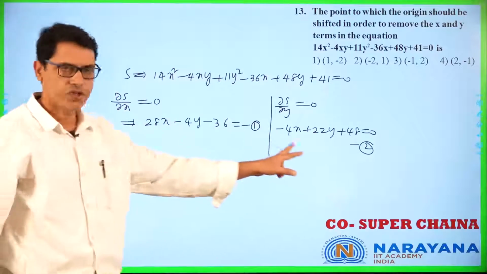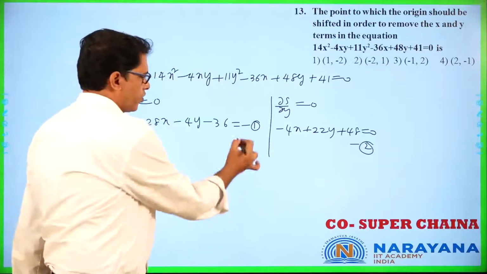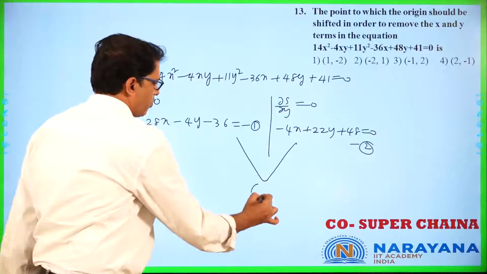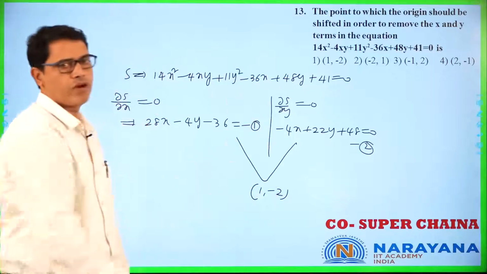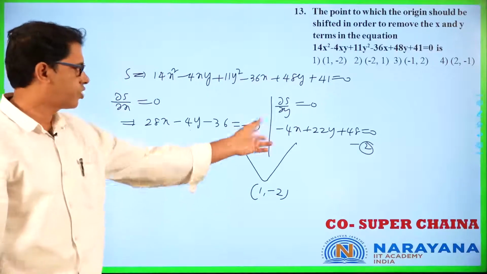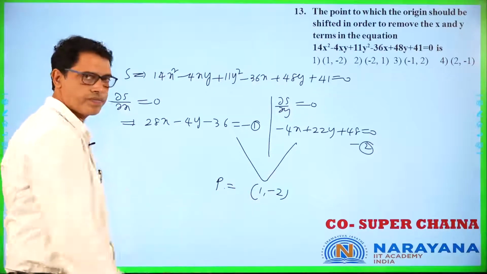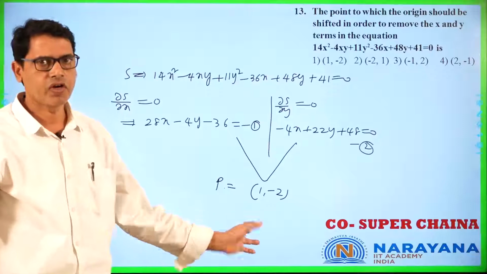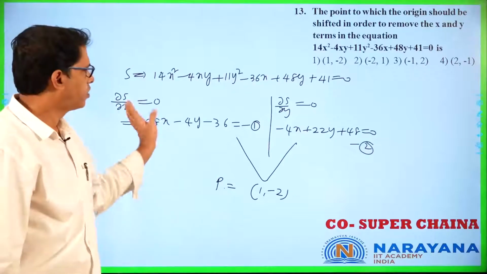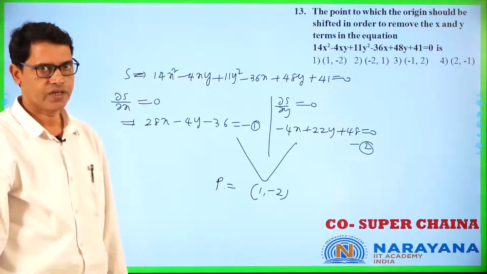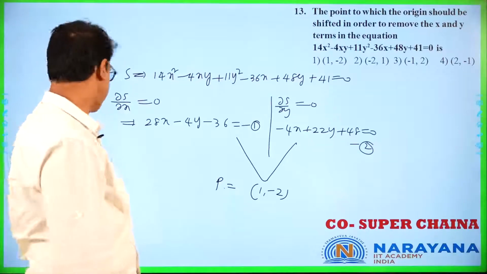If you solve these two equations, the point of intersection is 1 comma minus 2. By solving these two equations, we get the point of intersection. This is another method. If you are aware of partial differentiation, then do it in this method. Okay, next one.